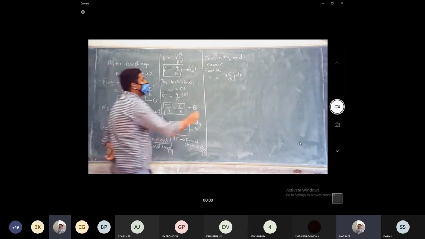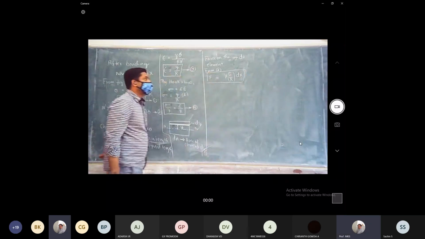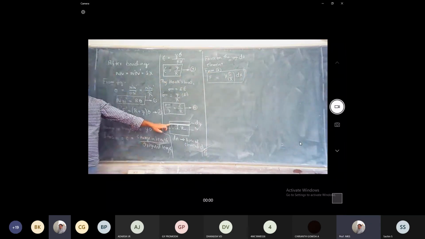So this is the force acting on this element at the layer.